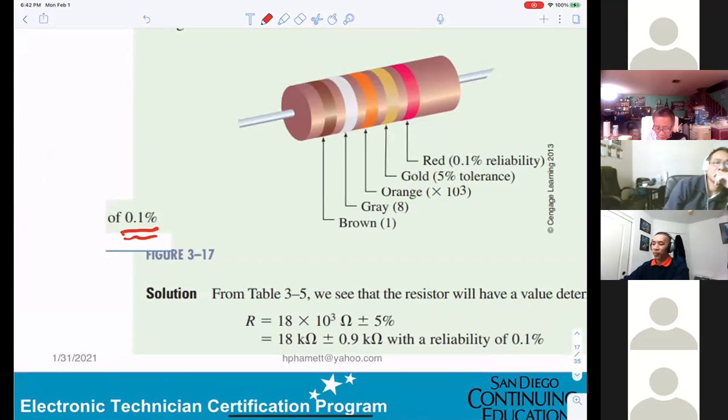Normally you can get the 4-band, and they're adding another band for reliability. So the calculation here says 18 times 10 to the power 3, plus or minus 5%. So basically they correct for 4-band, and they add one last band for reliability.